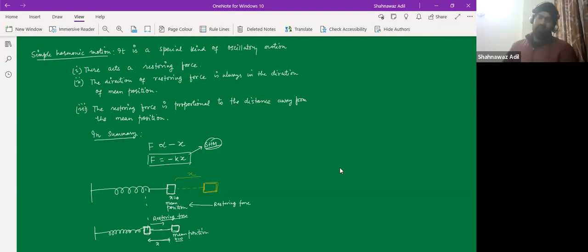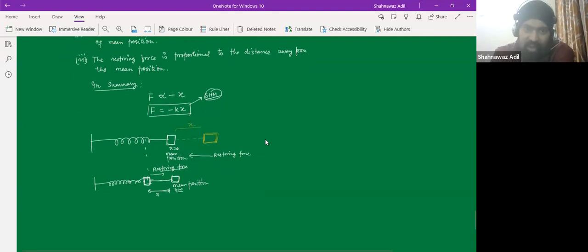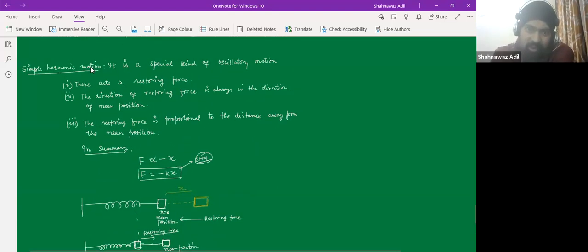Okay, so we have this simple harmonic motion, and this is the force related with it. Why are we calling it simple harmonic motion?